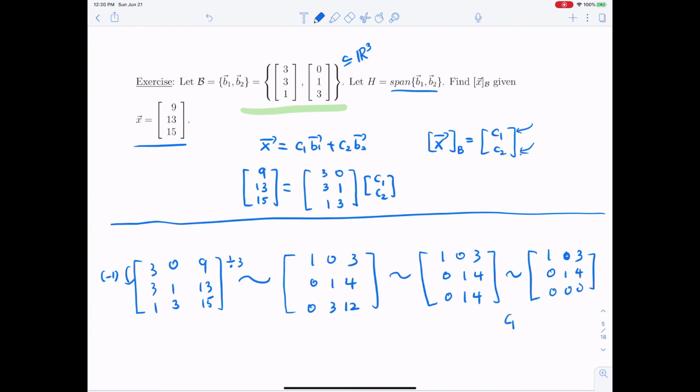So this tells you that c1 equals 3, c2 equals 4. So the B coordinate for x is given by 3 and 4.